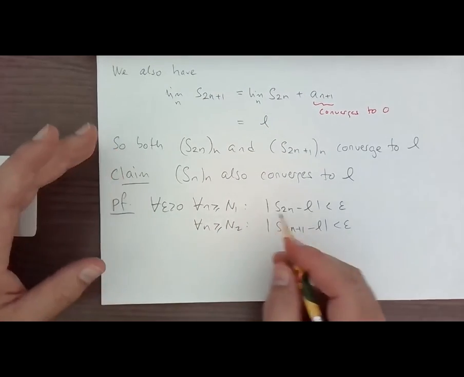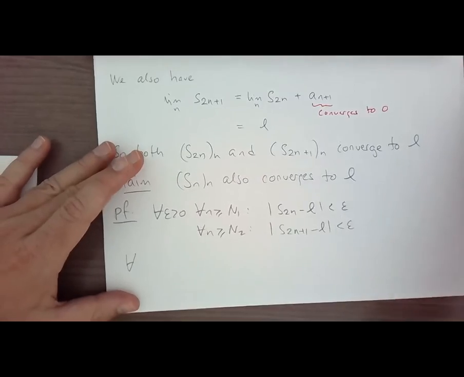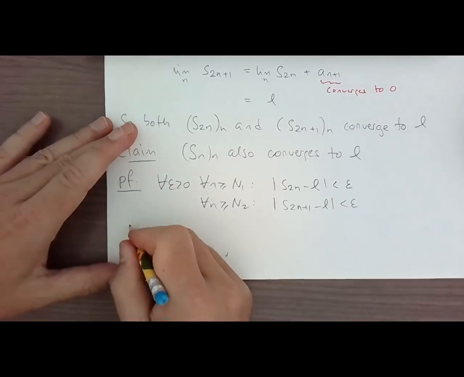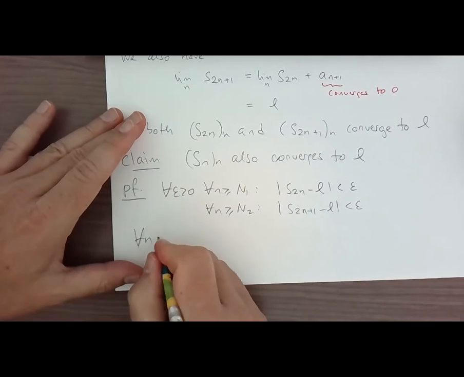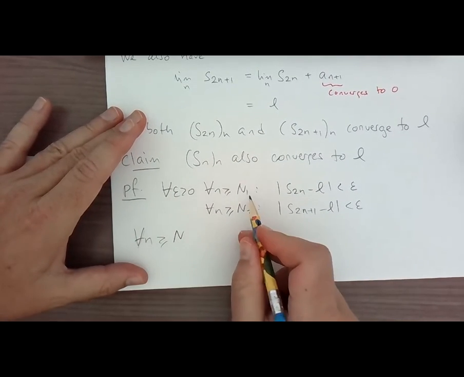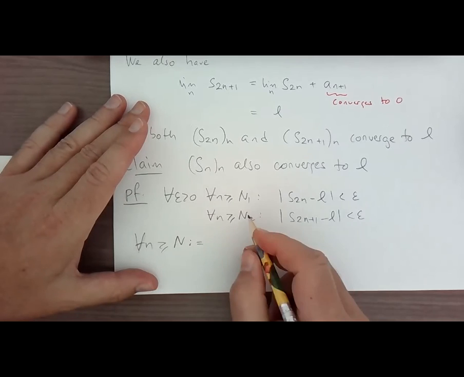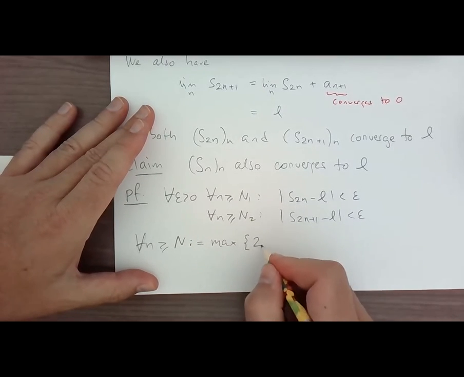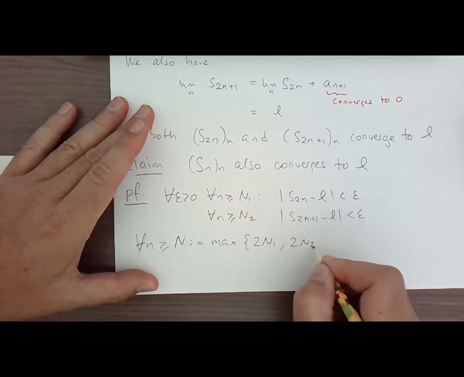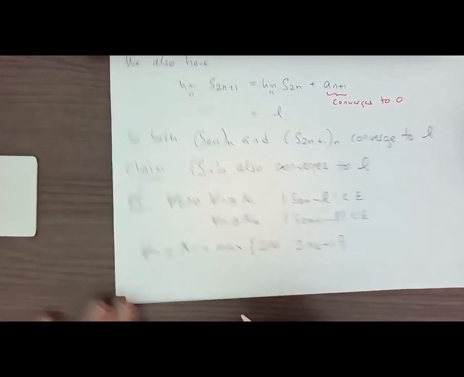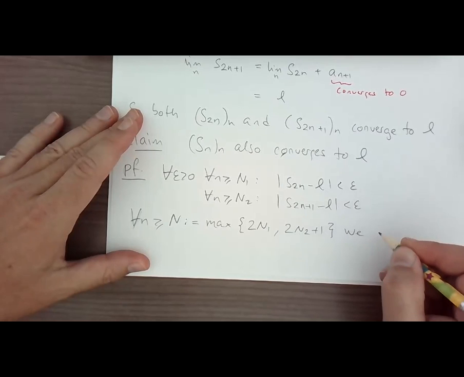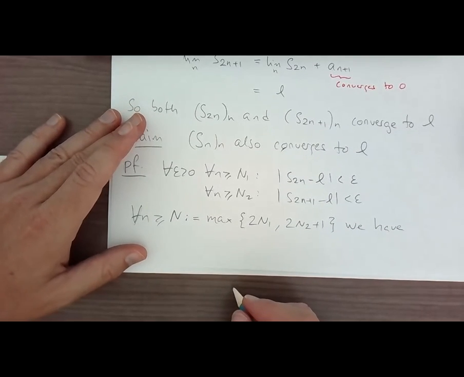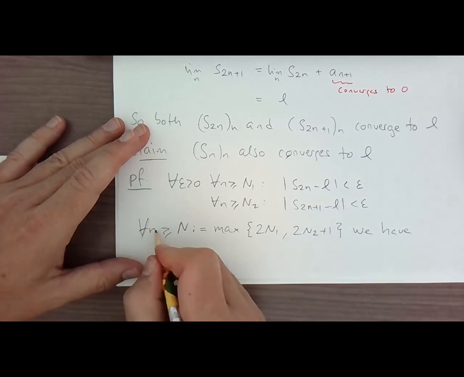And so we need to prove that the original sequence converges. So for any n bigger than or equal to, we always take a max here, so for any n bigger than the max of, say, 2n1 and 2n2 plus 1, what do we have? Maybe we should call this m.